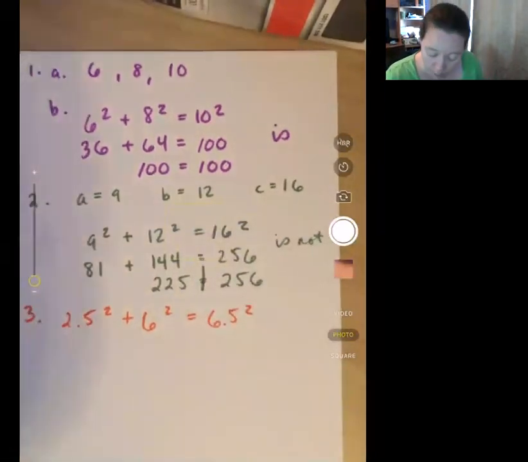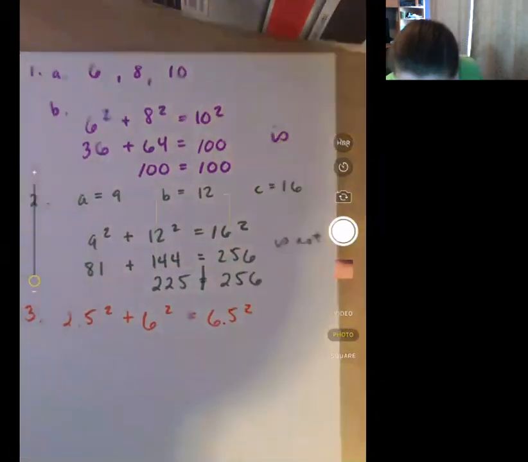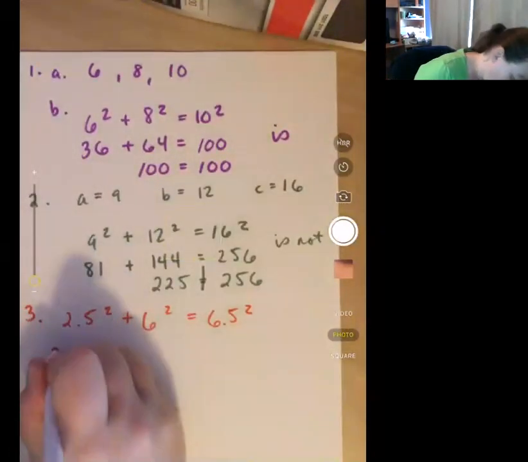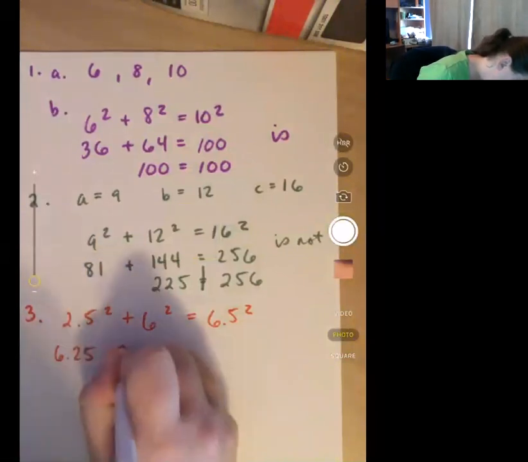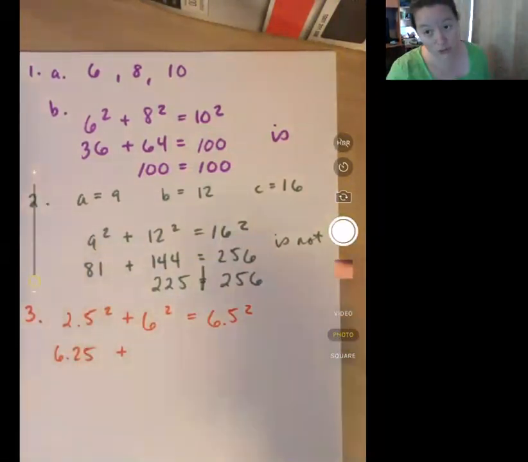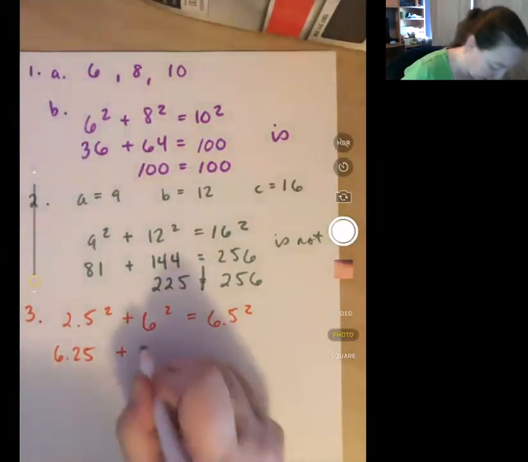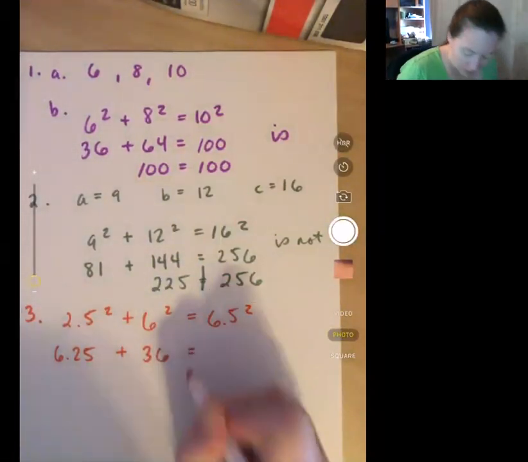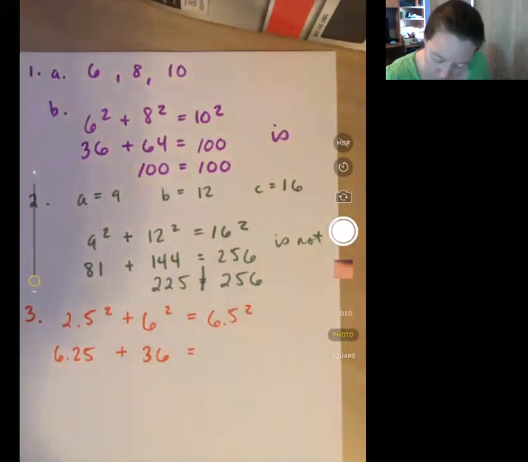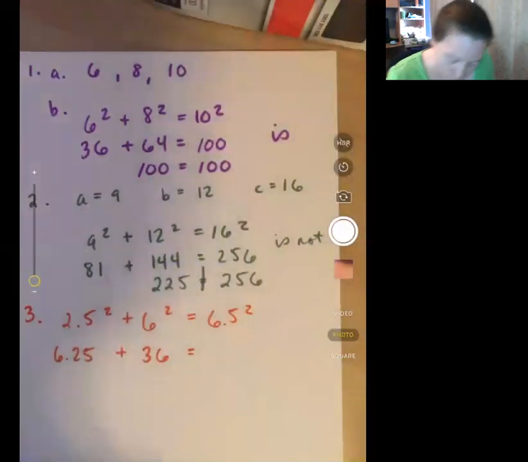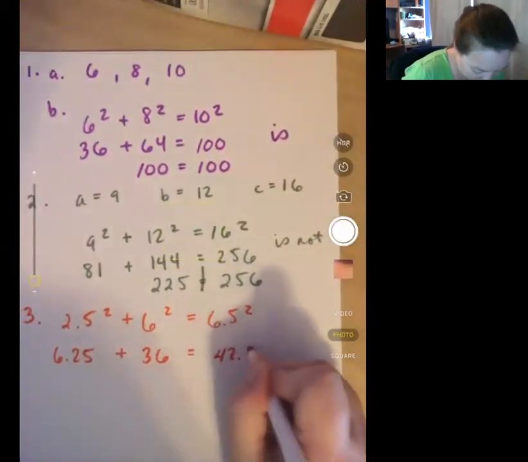I do not know what 2.5 squared is, and I'm not expecting you to either. It is equal to 6.25. Plus 6 squared, I do expect you to know that one. 6 times 6 is 36. Is equal to 6.5 squared, which I'm not expecting you to know either. 42.25.